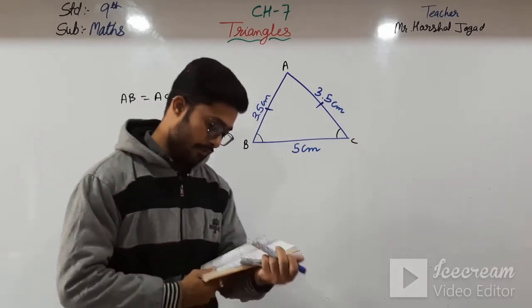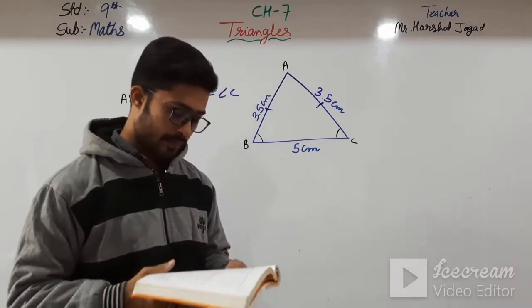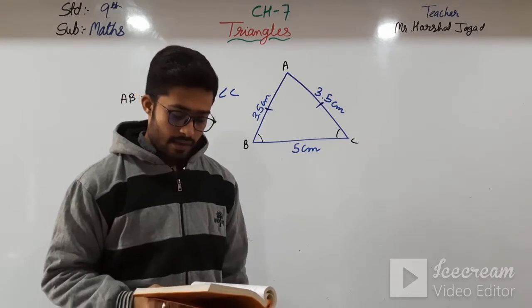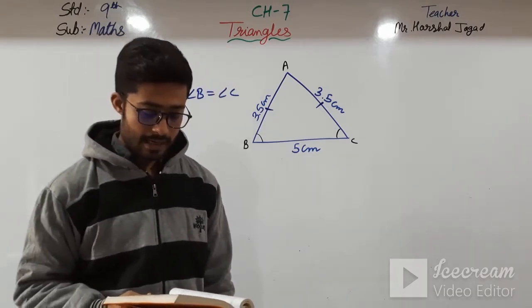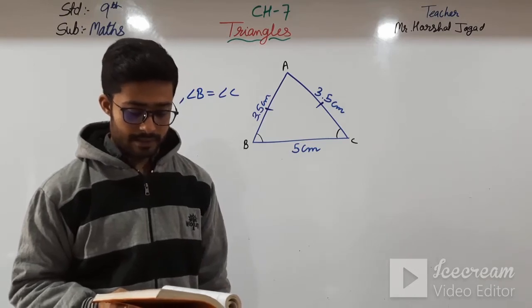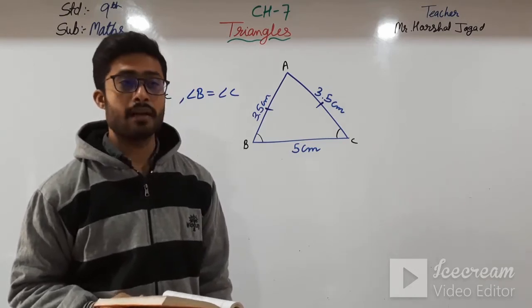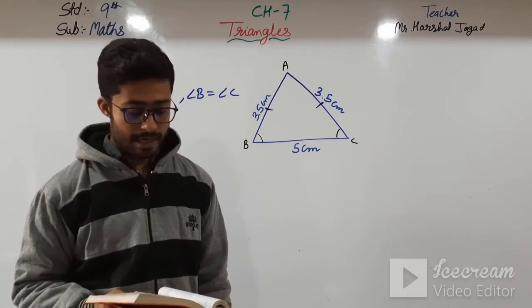Then, let us draw a bisector of angle A, and let D be the point of intersection of the bisector of angle A and BC.